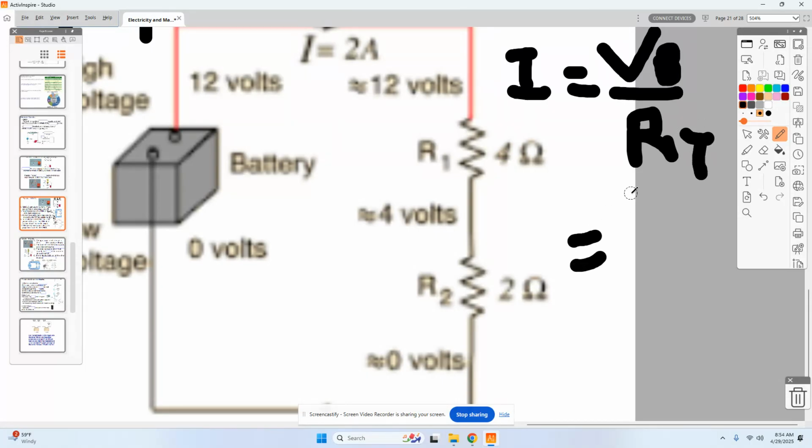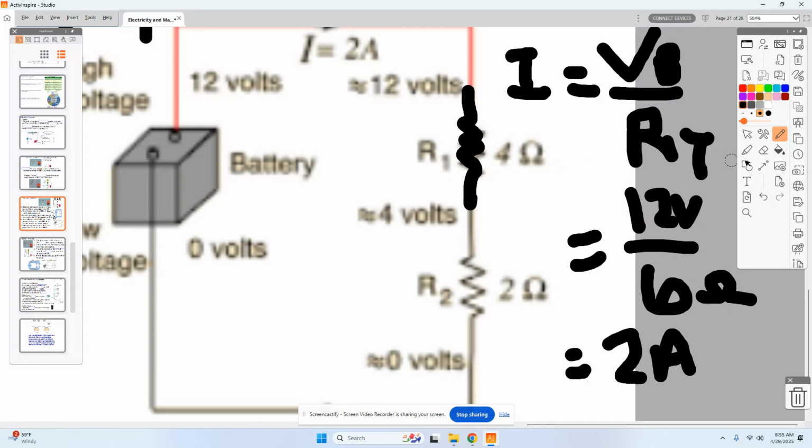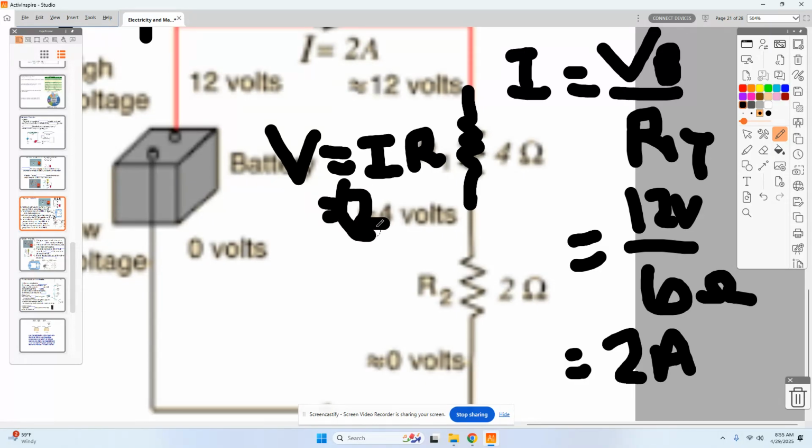V of the battery is 12 volts, and the combined resistance is 6 ohms, so that gives me a current of 2 amperes. We would see that for this particular device, V is equal to I times R. The current flowing through the 4-ohm resistor is 2 amps, and the resistance is 4 ohms.